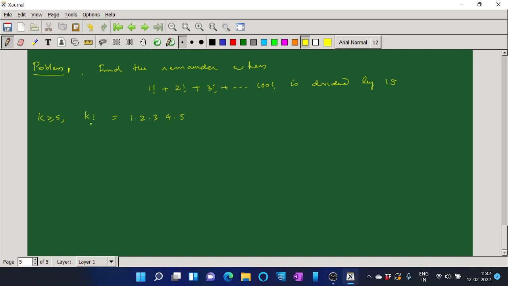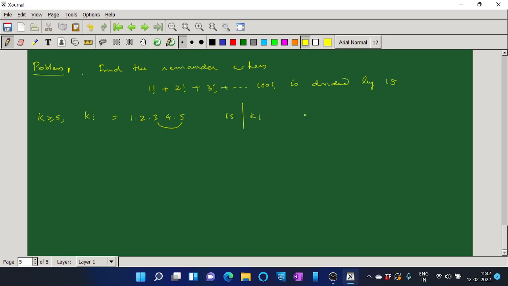If you suppose it is 7, then it is 1, 2, 3, 4, 5, 6, 7. Or if you take 6, 1, 2, 3, 4, 5, 6 will be there. So these terms will be the factors if k is greater than or equal to 5. That means every such k factorial contains 3 and 5 as a product. That is, 15 is a factor of k factorial. That means for every k greater than or equal to 5, 15 divides k factorial.